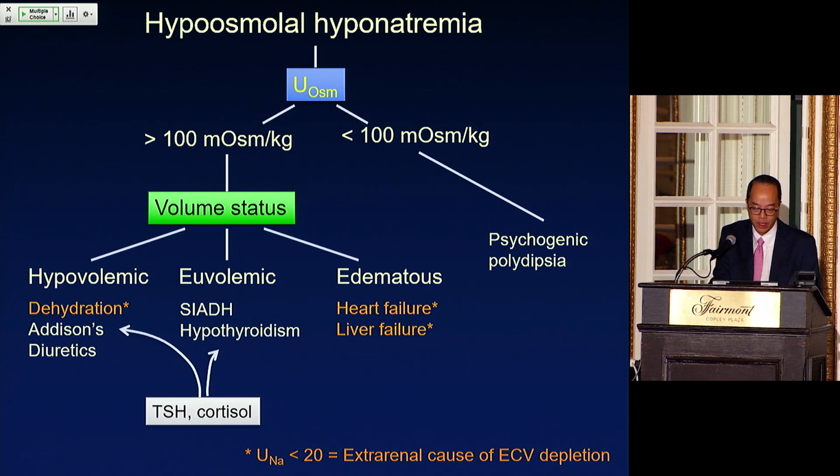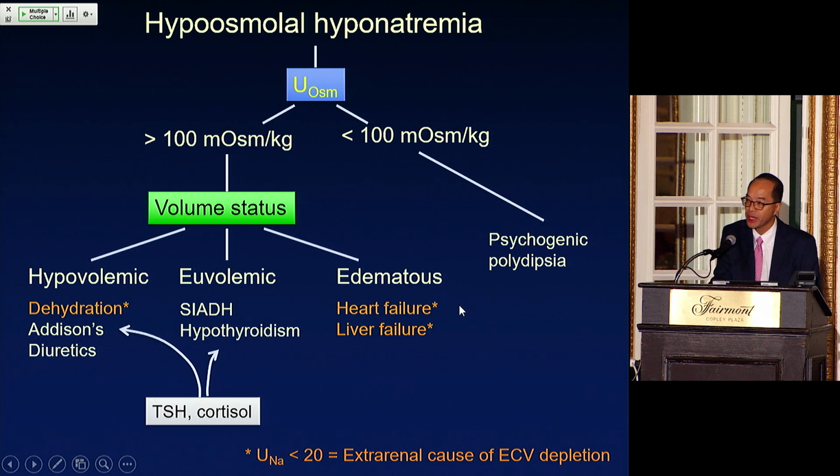This could be either because the ADH is being released in an unregulated manner, which is SIADH, and I include in this hypothyroidism, which mimics SIADH, or because they have hypovolemia and volume-induced ADH release, either due to GI losses like diarrhea or vomiting, or renal salt losses due to adrenal insufficiency or diuretics, or they have relative underfilling of their circulation, either because their cardiac output is low, as in heart failure, or because they're profoundly vasodilated, as in liver failure.